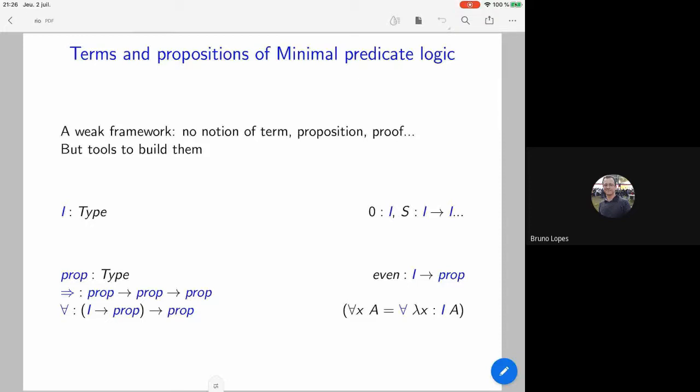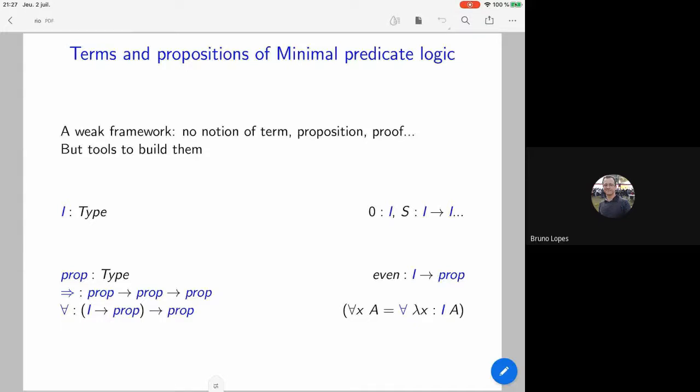And here I have two of them. 0 has type I, and successor has type I arrow I. And this arrow that you see in the type of the successor is another primitive symbol of Deducti. Deducti, like any typed lambda calculus, has a primitive notion of arrow types.